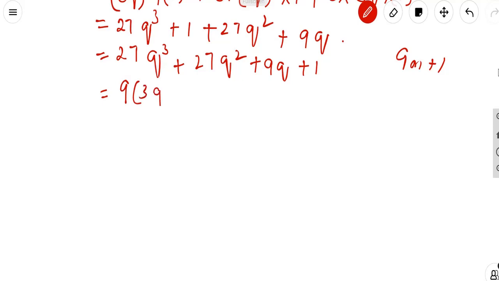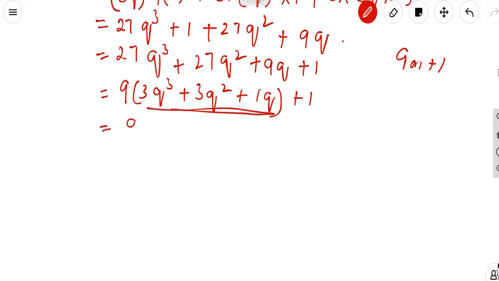So this becomes, if I take 9 common, 3q cube plus 3q square plus, how much are you going to get? 9 means 9 ones are, so this becomes 1q. This I cannot do, so what will I do? I'll close this bracket and I will take 1 outside. Now this one I will consider as m. So the equation becomes 9m plus 1.